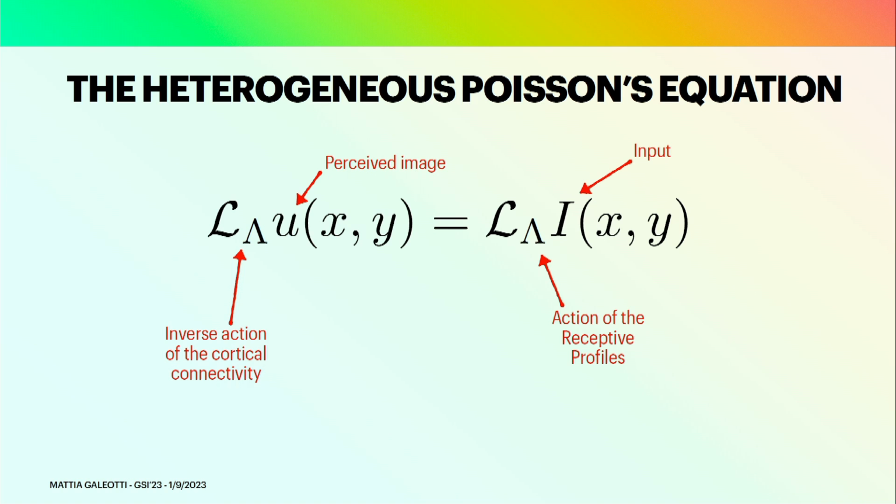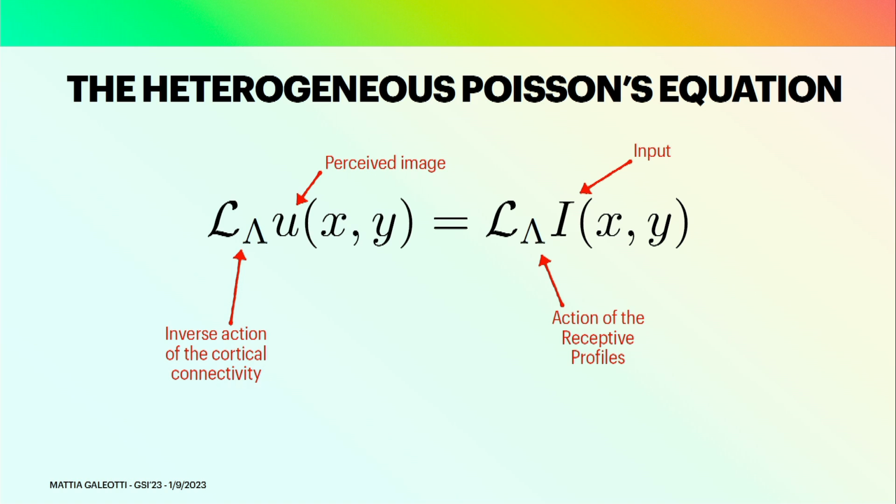So there is a cortical reconstruction of the image, and we can see this on the left, because on the right this is just a function, which once you have the input, the action of the receptive profiles gives you an output, which is the function. But on the left, you have to solve a differential problem, and so the operator on the left, in our intention, is the inverse action of the cortical connectivity, because in fact the action of the cortical connectivity is the Green function, so the fundamental solution of this operator.